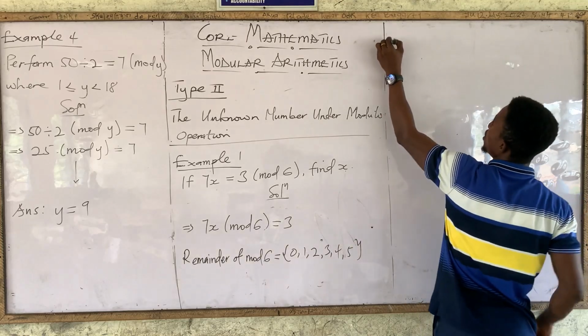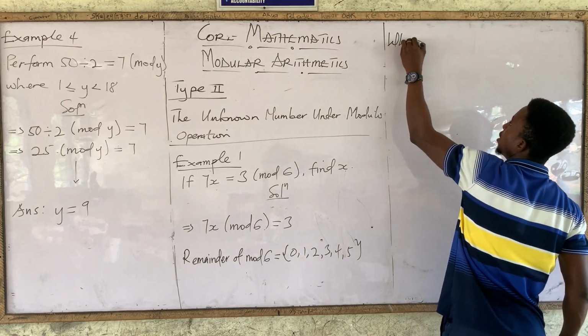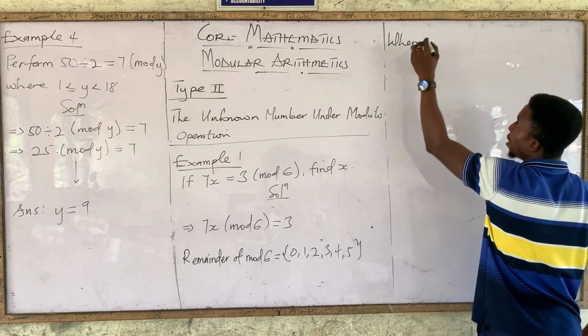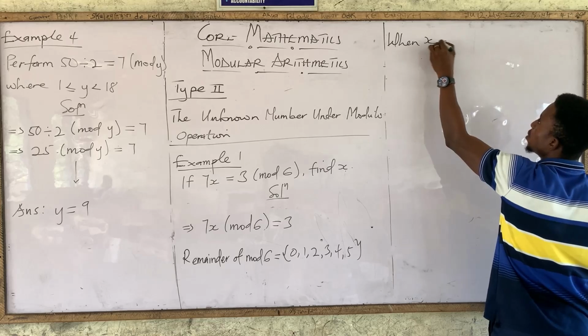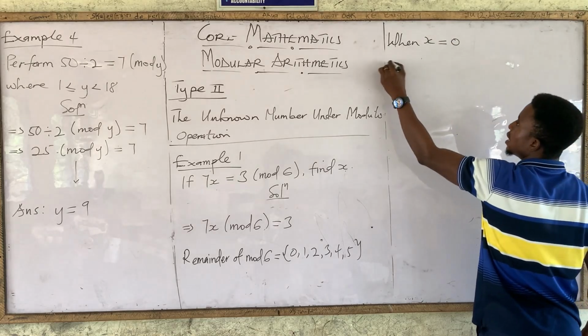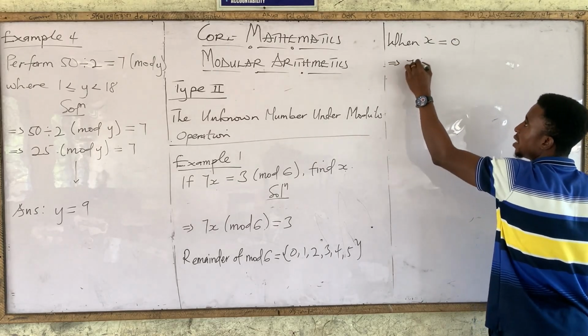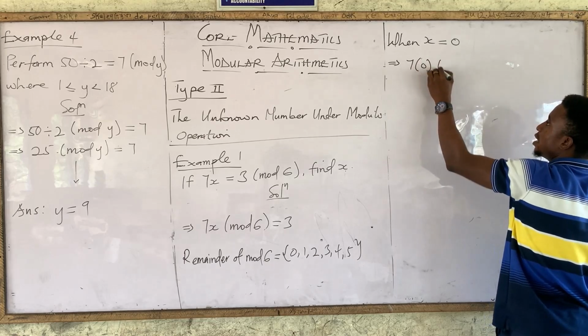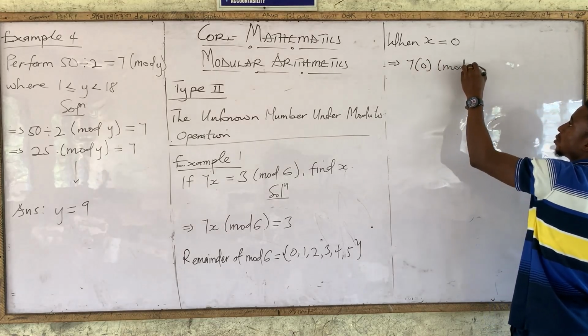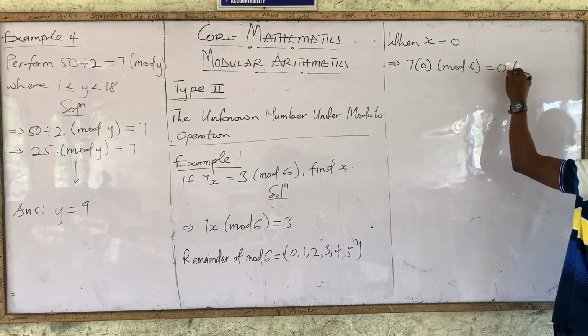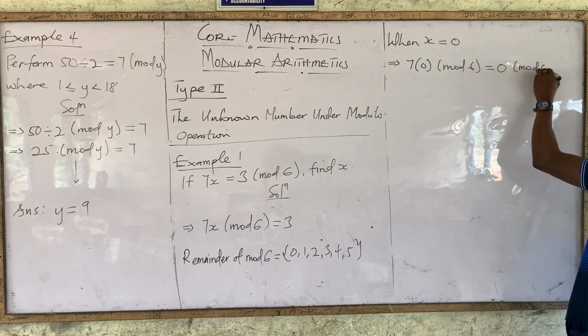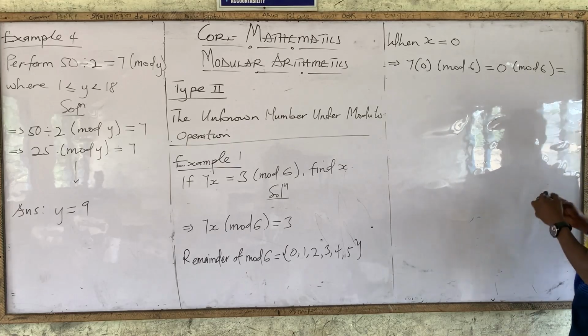So we pick the first one. When we have to find x, we say x is equal to 0. Then this implies that it will be 7 into bracket 0 in mod 6, and that is 0 in mod 6.